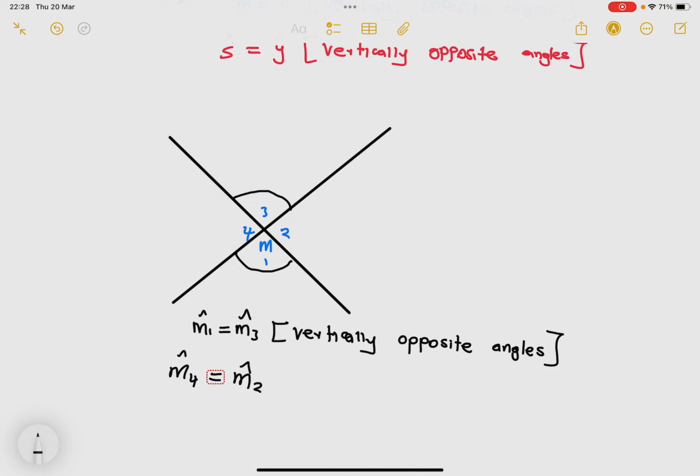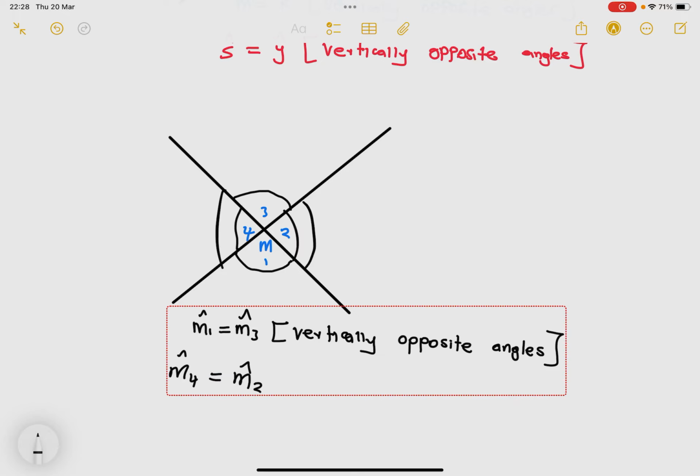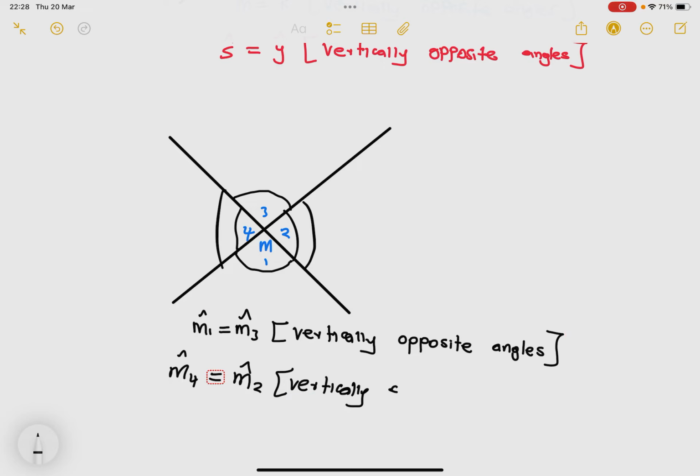Do you see it? So M4 also equals M2. And why is that? Because they are vertically opposite angles. So it is very important for you guys to note that.